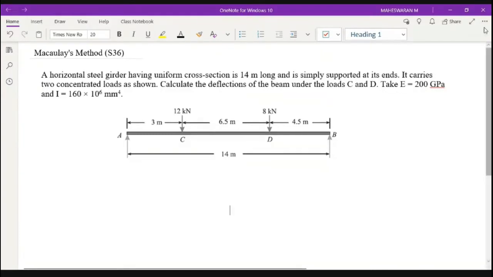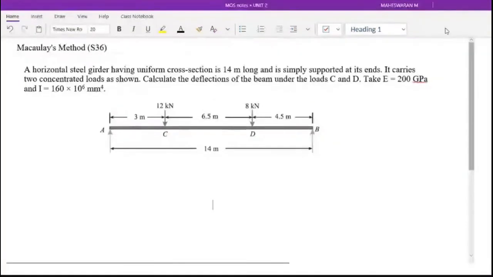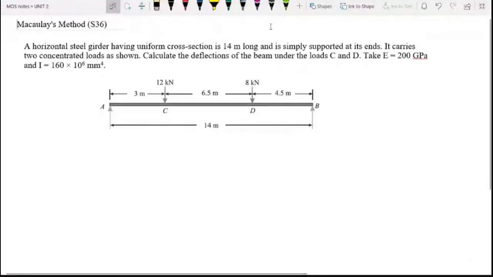Let us solve this. Before that, you have to think about your unit. Most of the cases we will be using meter and kilonewton, so I will fix my unit as kilonewton and meter. Don't go for mm because you will get a very large number.